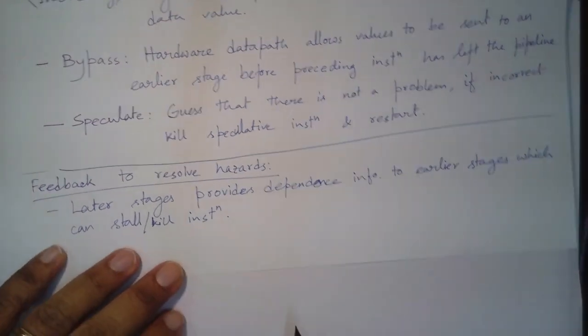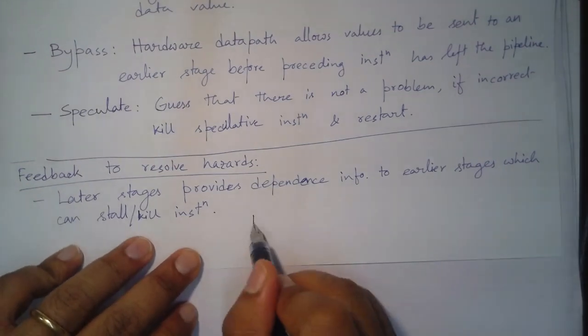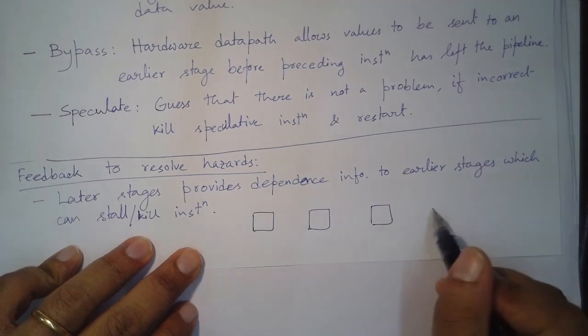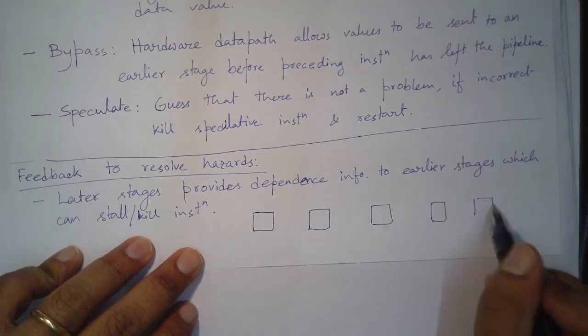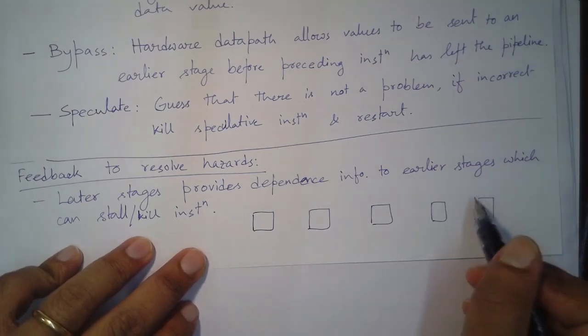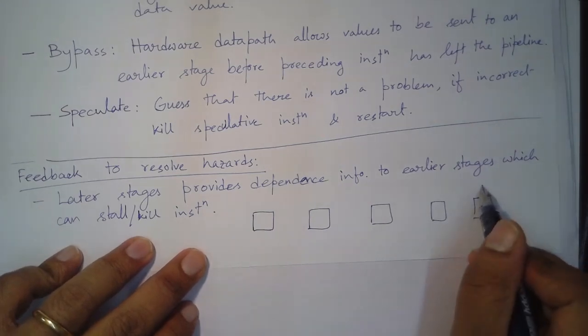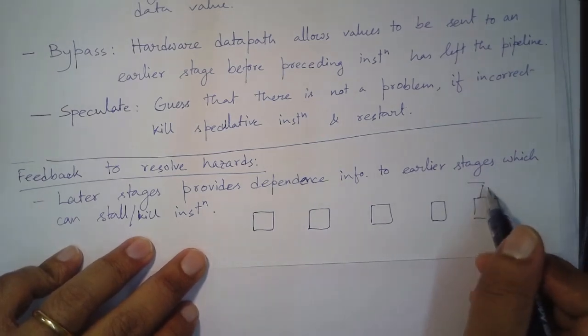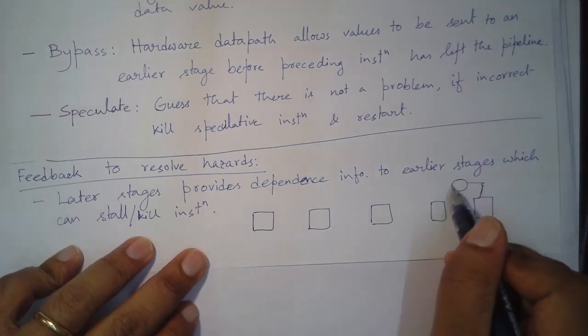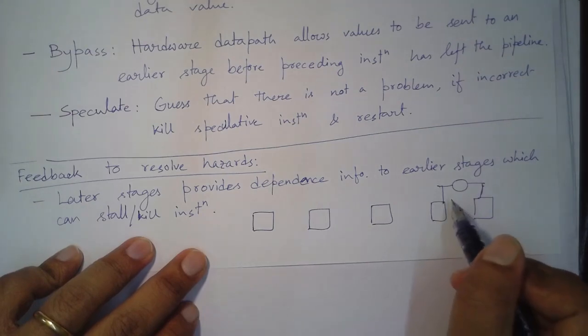I'll just try to draw the 5 stages here. So basically you can imagine that you will have feedback from all the stages. So I have some feedback from here which I will maybe be feeding here.